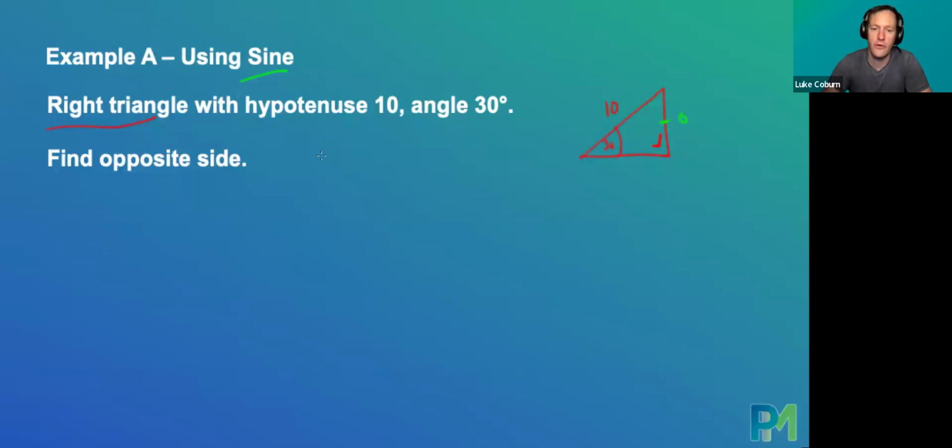Okay, so I have SOH-CAH-TOA. Sine of the angle theta is equal to the opposite over the hypotenuse. That means sine of 30 is equal to the opposite, which we'll call x, over 10.